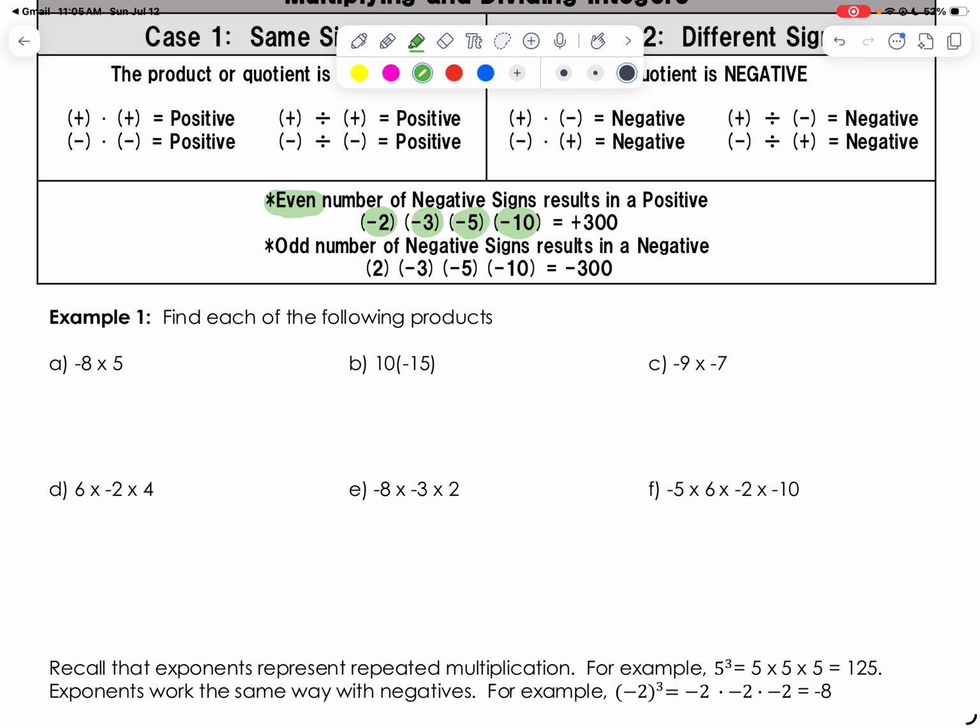So when you have an even number of negatives, that will always give you a positive. If you have an odd number of negative signs, like in this next one, we have 1, 2, 3 negatives, and 3 is an odd number. If you have an odd number of negatives, your answer will be negative. We'll talk more about that in just a moment.